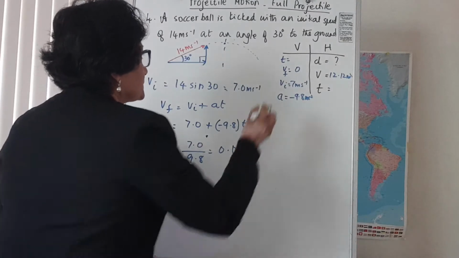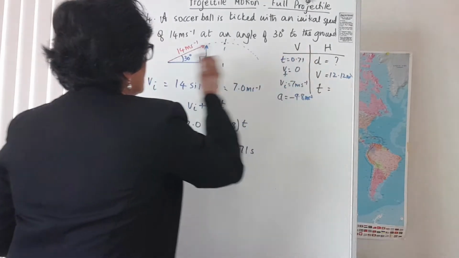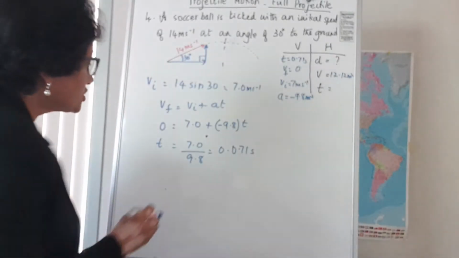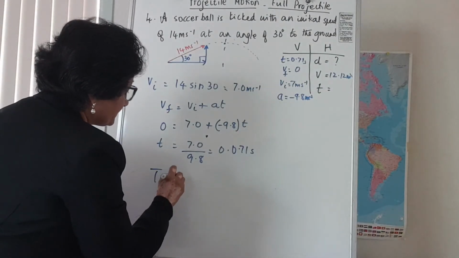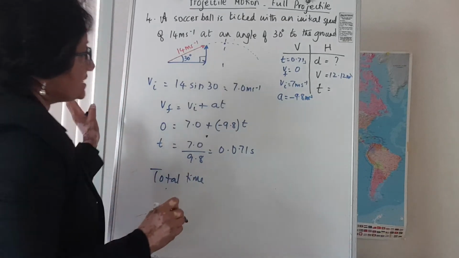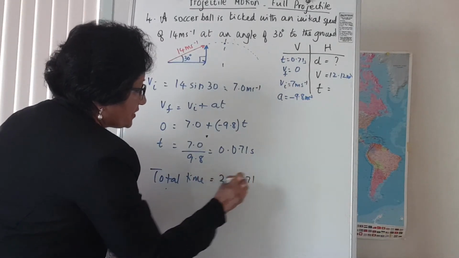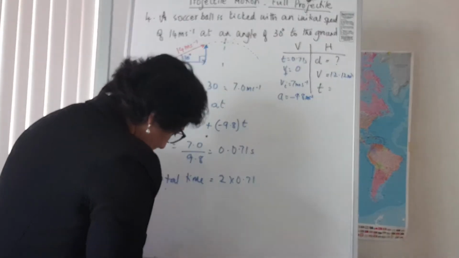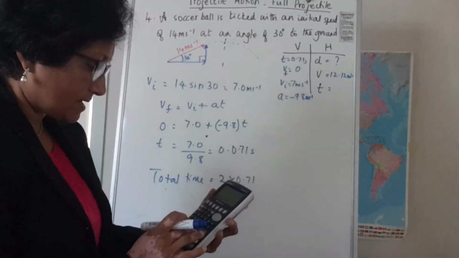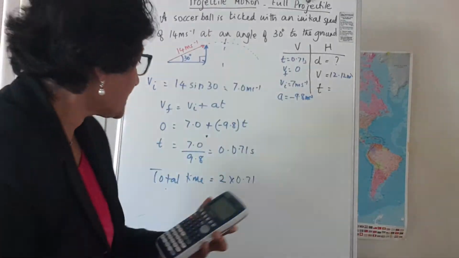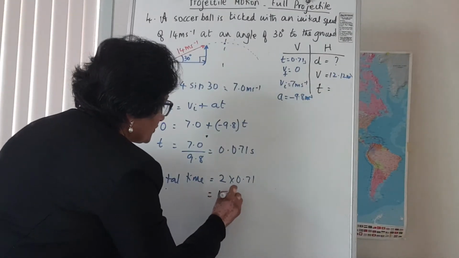So the time to go halfway is 0.71 seconds. So my total time to go the whole distance is 2 times 0.71, which gives me 1.43. So that's 1.43 seconds.